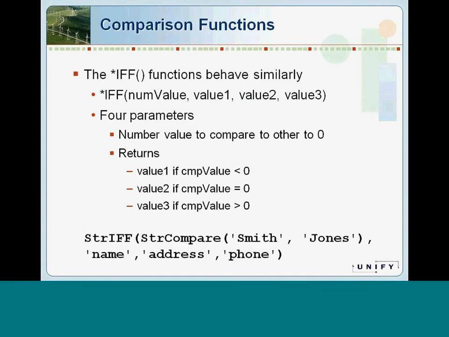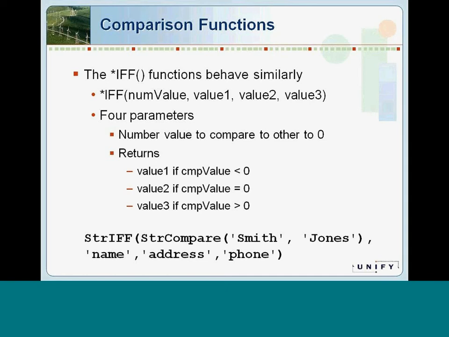And speaking of that comparison function, as we were preparing the slides, this one comes up very frequently, this IFF function, whether it's a datetime, number, or a string function. They all behave the same, it just depends on what the return value is. There's always 4 parameters in these functions. The first one is the number to compare to 0.